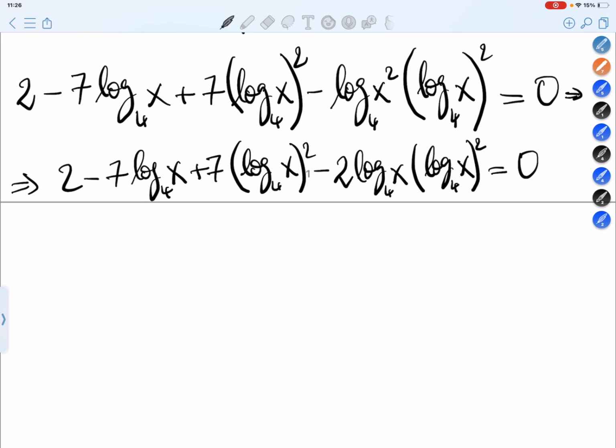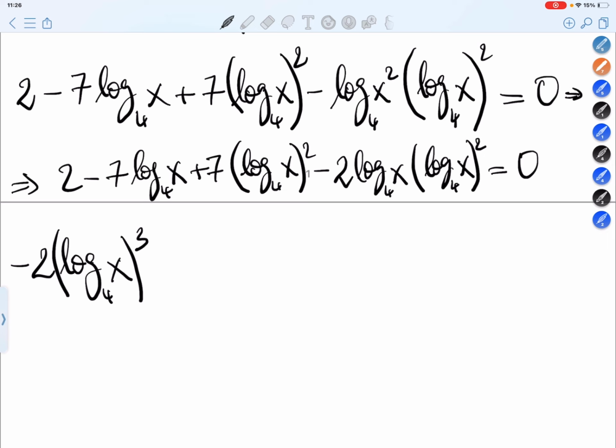So we can change all the signs, so this would give us minus 2 log base 4 of x cubed, which would be this one here, but with the sign changed, right?